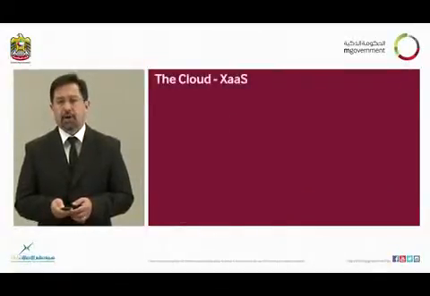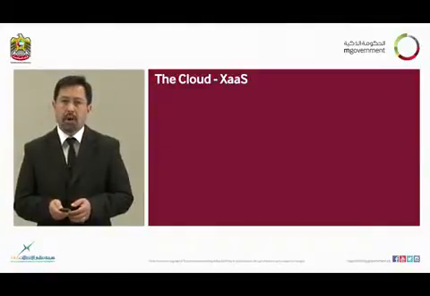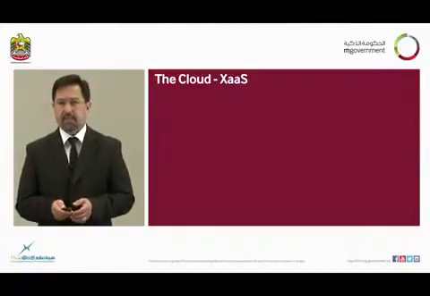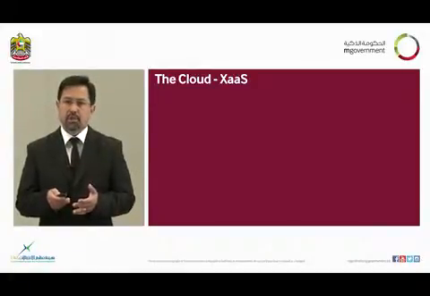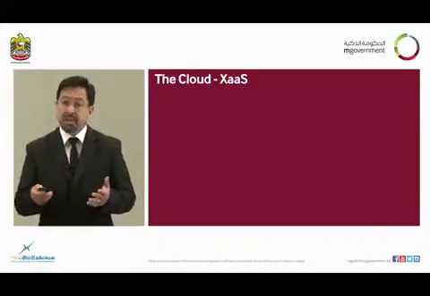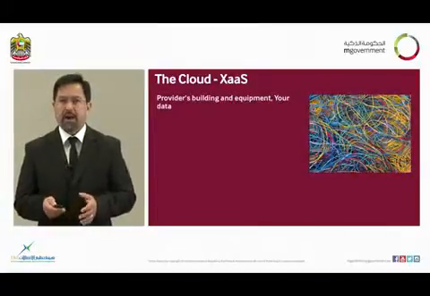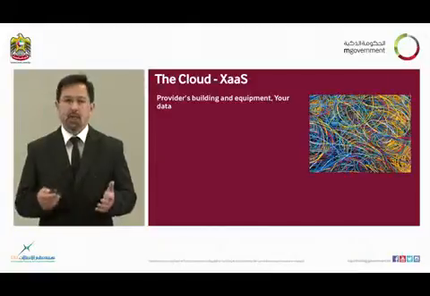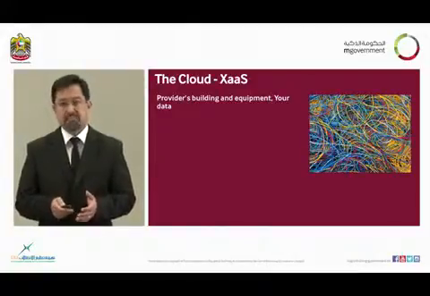The last and the third of the three models that we're describing is called the cloud, or X as a service, where the X stands for infrastructure, for platform, for software as a service, even possibly security as a service. In this case, the provider owns the building, owns the equipment, including the servers, and the only thing you own is the data.